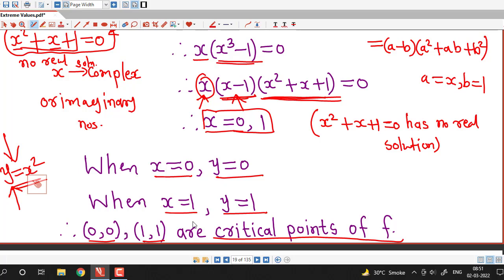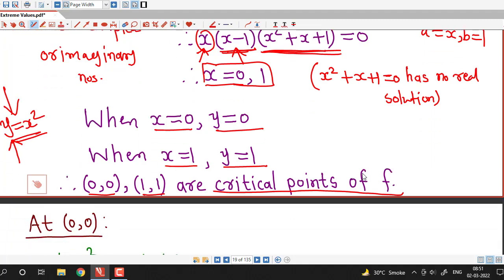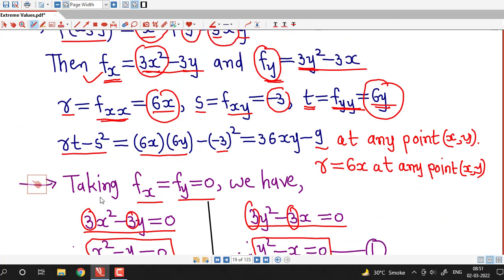Now to decide whether the function is maximum or minimum or neither at these points, we will use the second derivative test. First we consider the point (0, 0). At this point we find out rt minus s square, which we have simplified as 36xy minus 9.